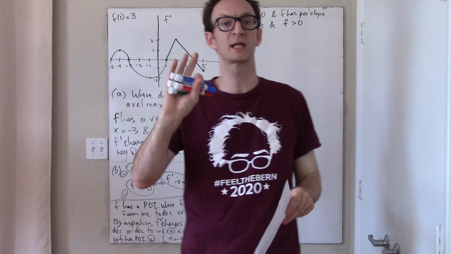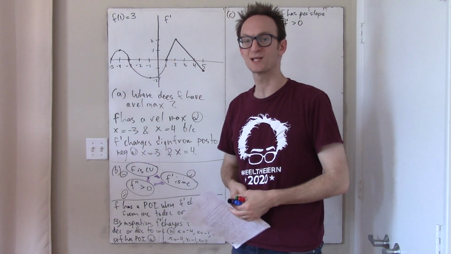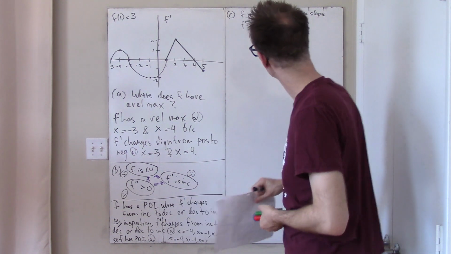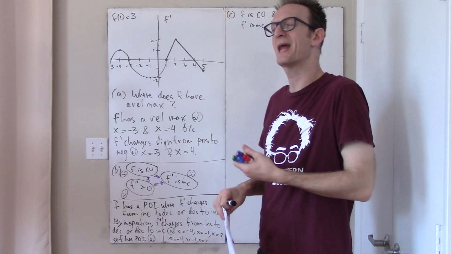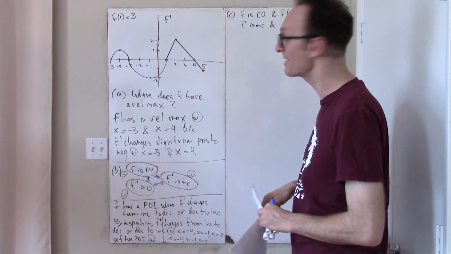Notice how they subtly change verbs from justify to explain. Explain is a lower level expectation. You still have to use complete sentences, but you can just show that you know what you're talking about. It doesn't have to be airtight.